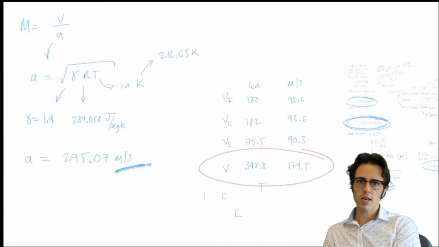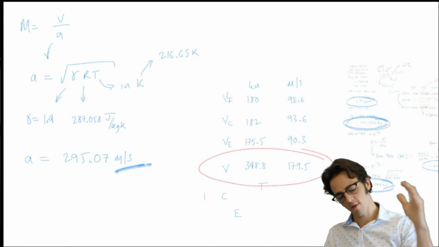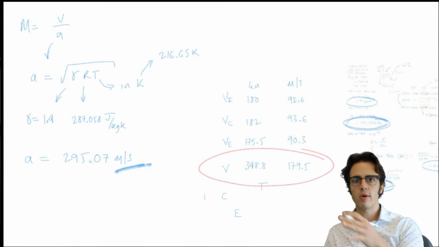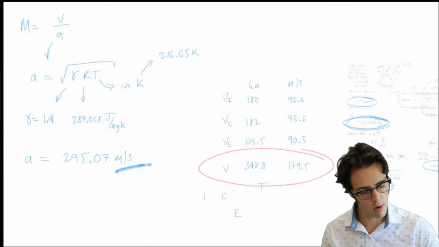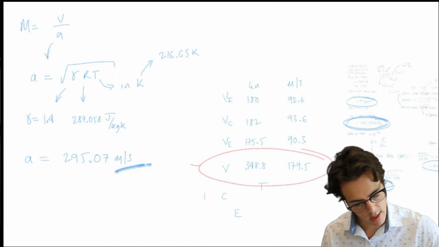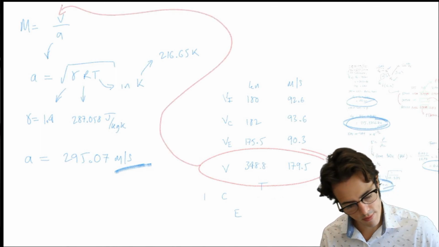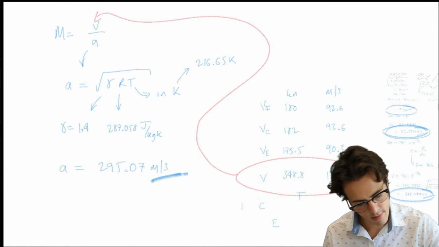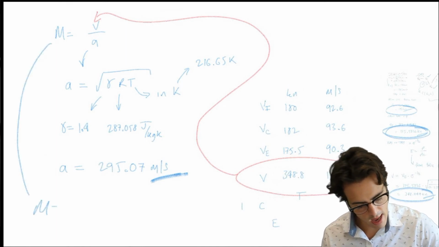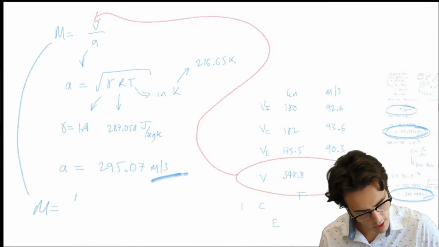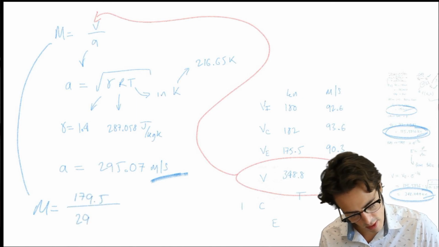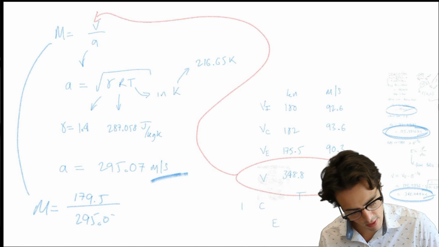We use true airspeed because true airspeed is a measure of the aircraft or flight vehicle velocity relative to the fluid through which it is moving. So we use that one to go in here. So let's say M is equal to 179.5 divided by 295.07.